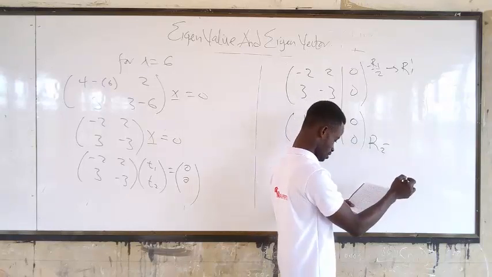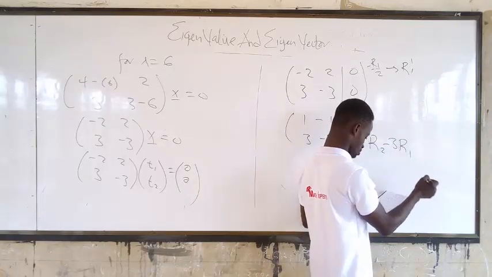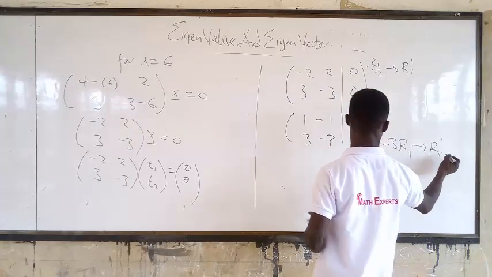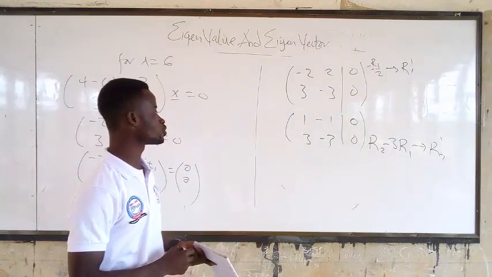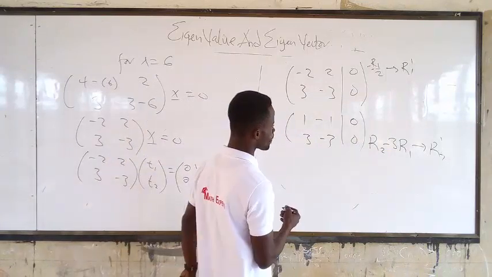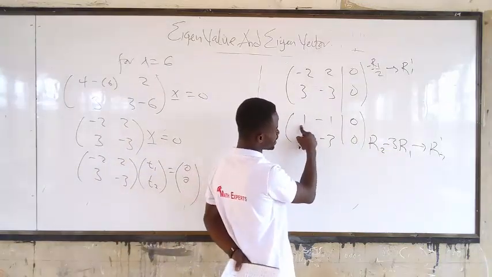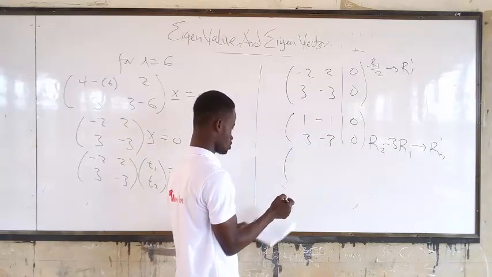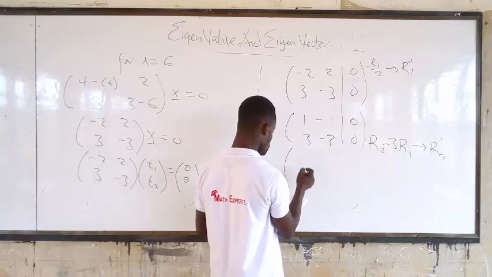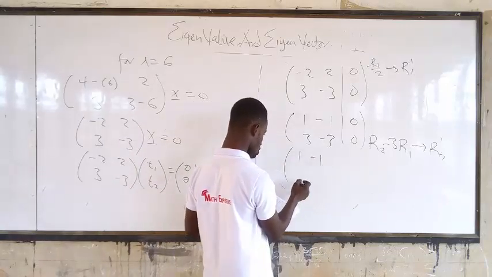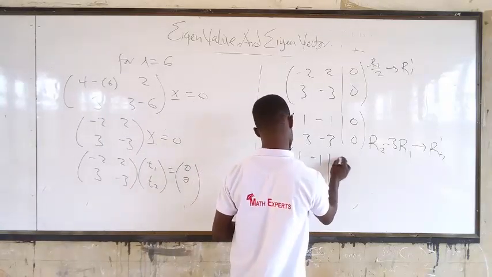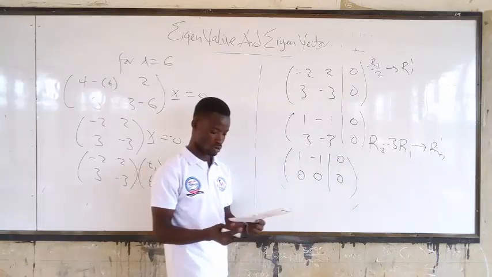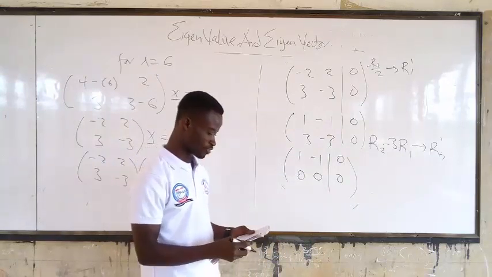R2 minus 3R1, and put it at new row 2. You know how to do this already. You multiply and subtract, and it's going to be 0. So you get 1, negative 1, 0, 0, 0, 0. That's what you get.